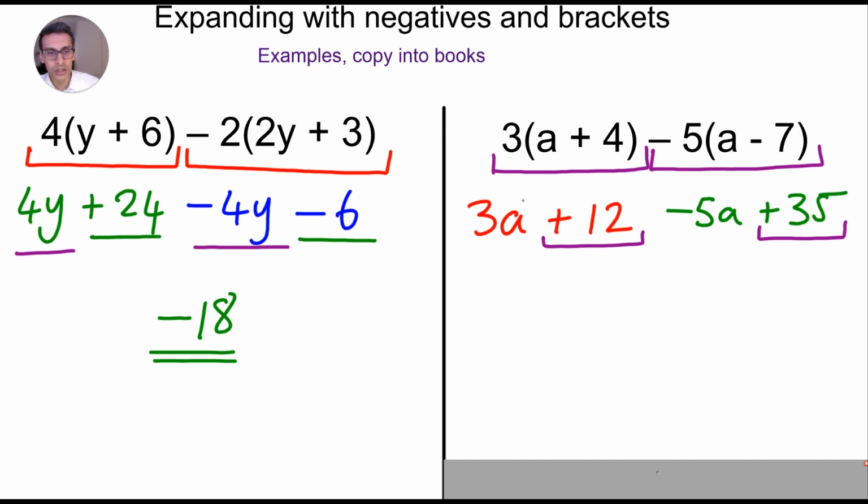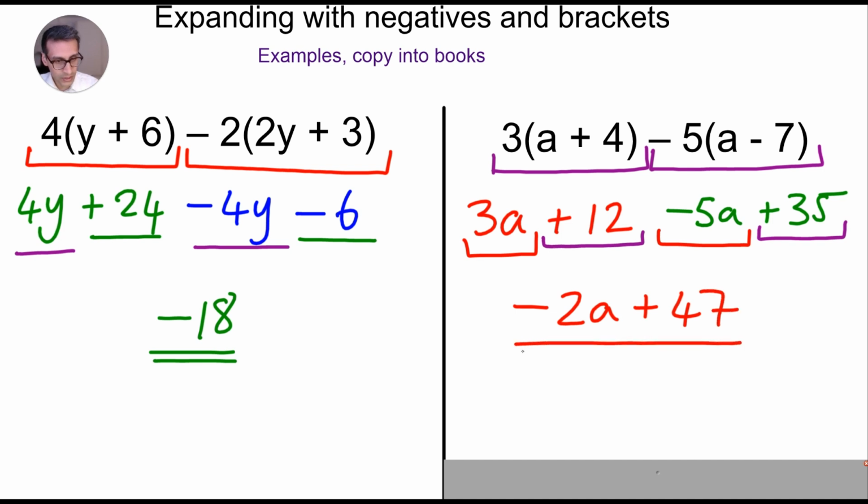And then the other terms which are like are 3a and minus 5a. So if you do 3a take away 5a, you're going to get negative 2a. And then you're going to do 12 plus 35. They're both positive, so that's just going to give you positive 47. And that's your answer. Negative 2a plus 47.